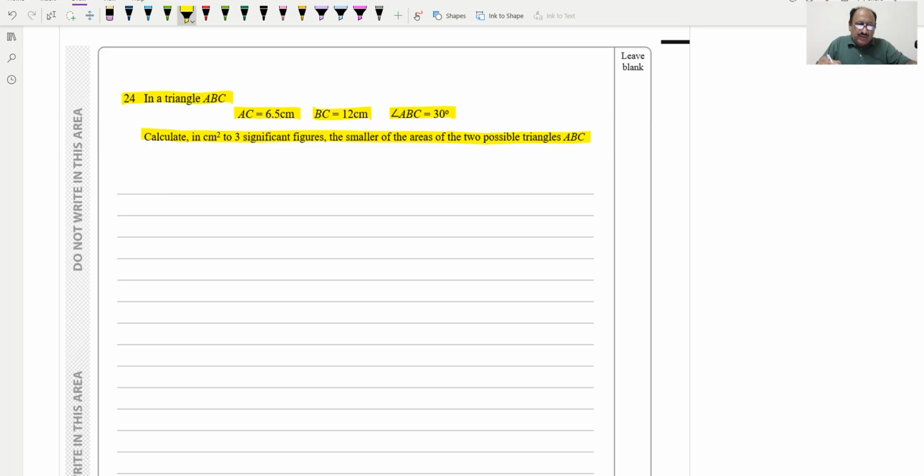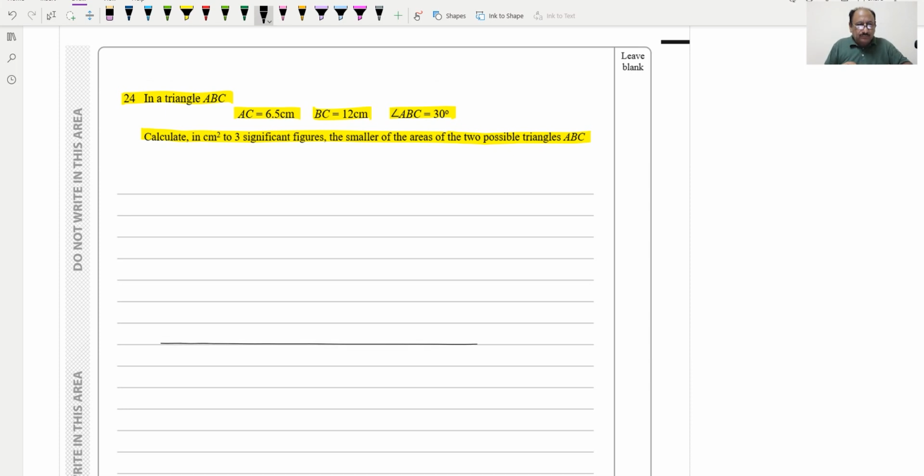Now we can draw this triangle for your explanation. I'm trying to draw it properly. So we can take like 12 centimeters, I'm just roughly taking. I will change the color. So this will be 12 centimeters.